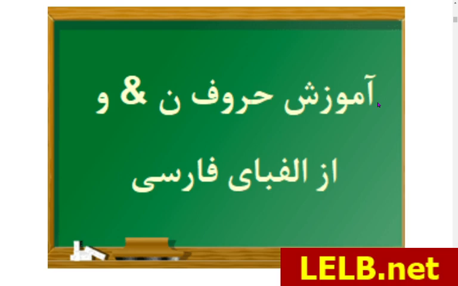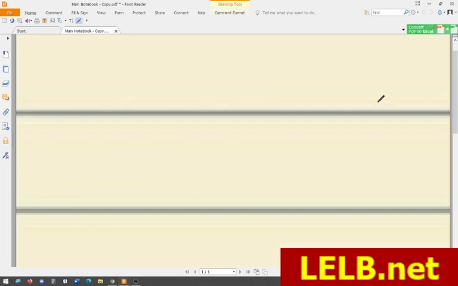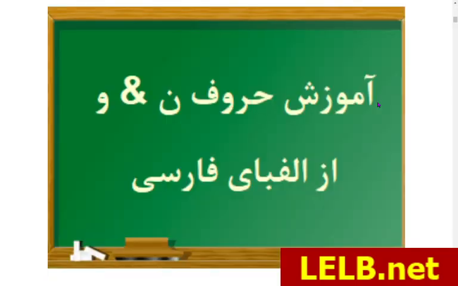Okay, hello everybody and welcome back to another video at LELB Society. This time I'm going to teach you another lesson on Persian alphabet, to be more specific, letters Noon and Vav, with the help of a digital board, as you can see here, and also a lot of examples.